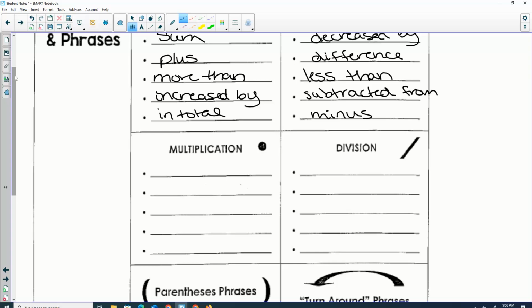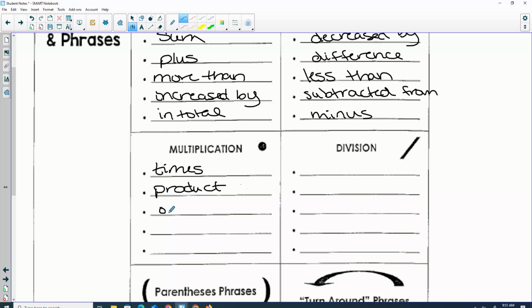Okay, if I am looking for words that mean multiply, what could that be? What else? If I said product, find the product of 2 numbers, that means we're going to multiply them.